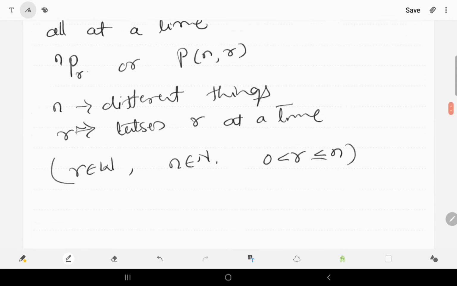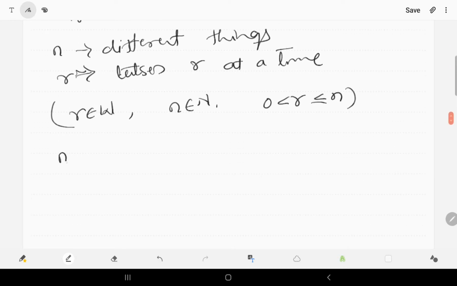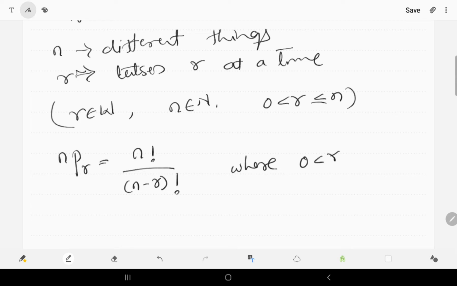This is the condition set for permutation. NPr is nothing but n factorial divided by (n minus r) factorial.